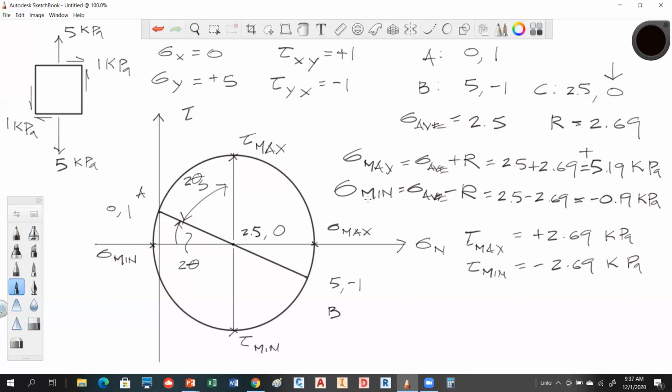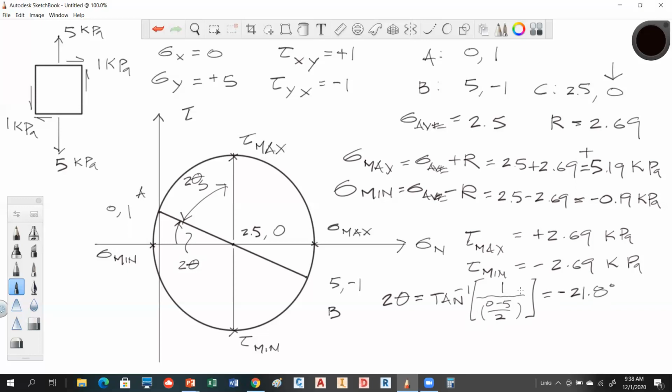Okay. So to get 2 theta, it's the arctangent relationship of the shear of x in the y direction over 0 minus 5 divided by 2. When you take that relationship, you get 21.8.